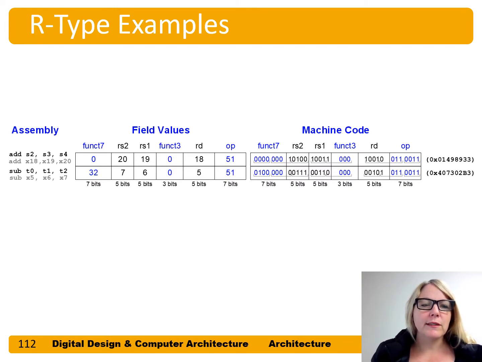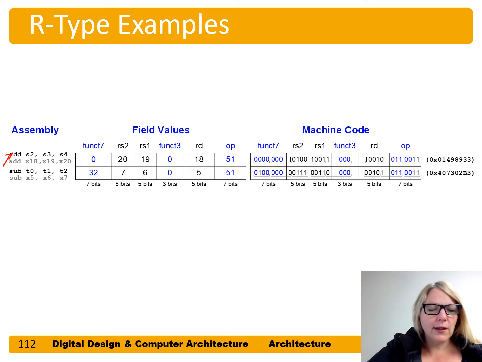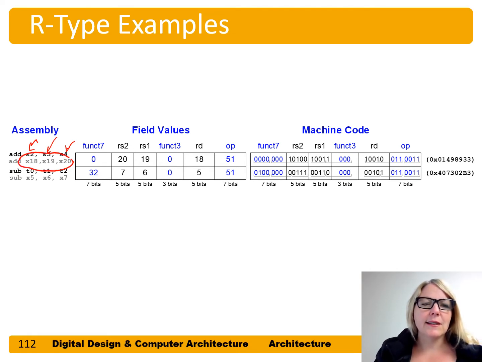So here are some examples. Add is an R-type instruction, so we encode it using the R-type format. Here we have our add instruction. And we first encode the registers, so we use our special names, S2, S3, S4. We look up on our register table what register numbers those correspond to, and they correspond to X18, 19, and 20.